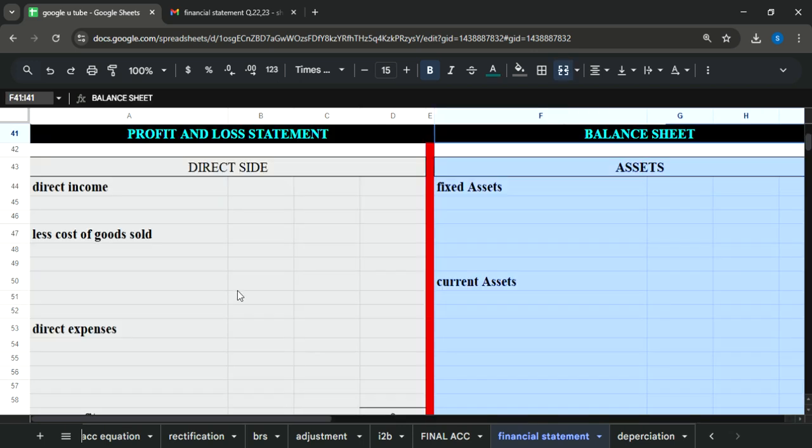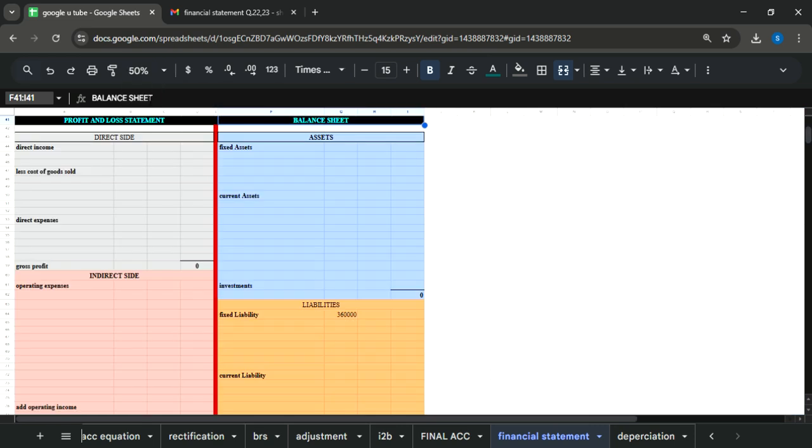And you can see our proforma, where we are going to perform four different functions: 1, 2, 3, and 4. This is collectively called the balance sheet. The left side is basically the profit and loss statement, where the upper part is the direct side, where gross profit or loss would be calculated.